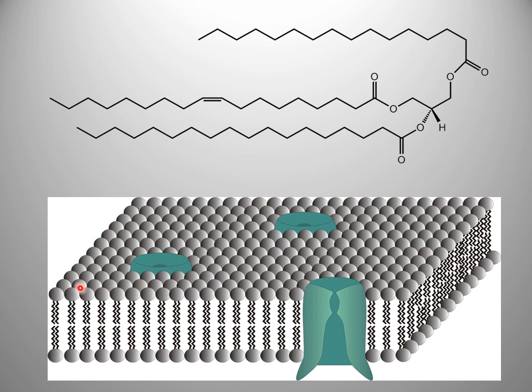Remember, these are phospholipids here, so you have a polar head group, and so they're going to want to associate with aqueous things. And then you have association of the nonpolar tails. Okay, so these hydrocarbon tails tend to be very lipophilic. And so the oil and water wants to separate. The lipophilic groups associate with each other. The hydrophilic groups will associate with each other, and that is the basis for what we call the lipid bilayer.